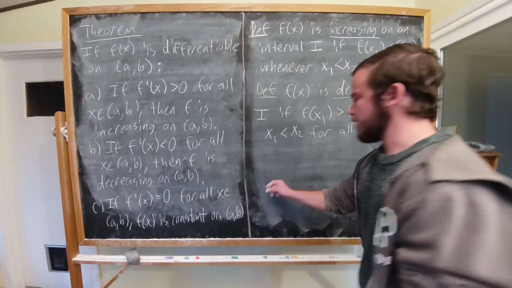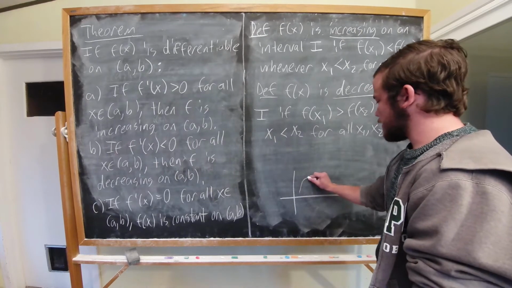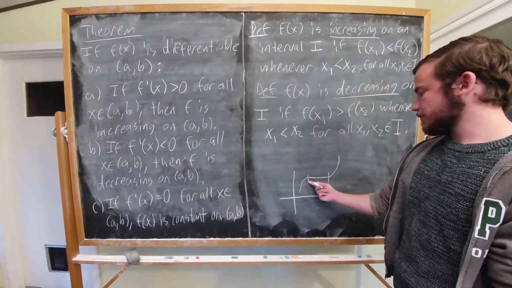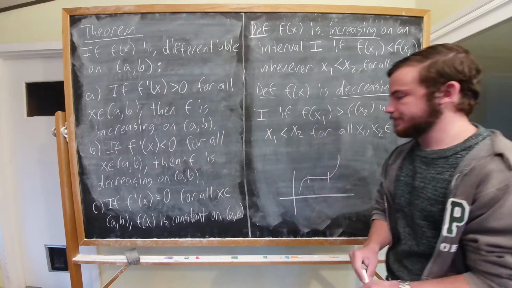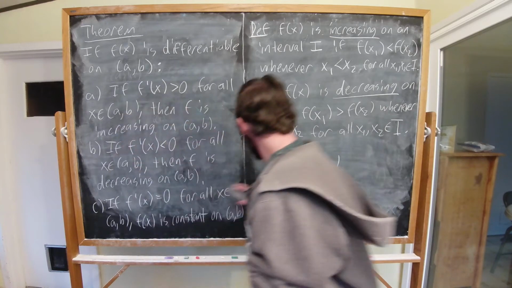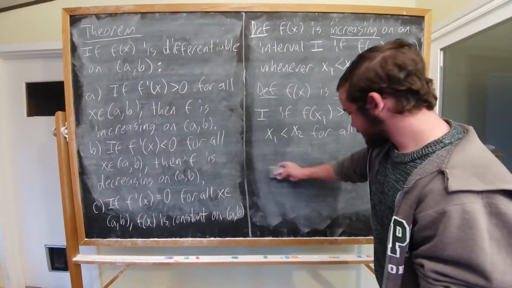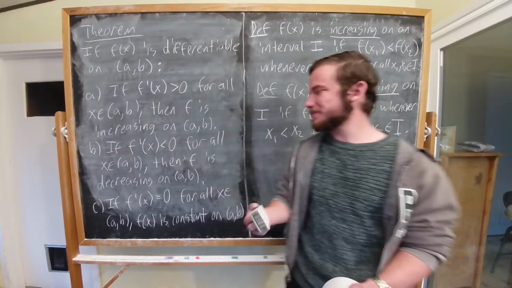And that kind of makes sense, right? This third case is just saying, hey, between here and here, the derivative is 0, so the function's not going up or down. Makes sense to me. Hopefully it makes sense to you too. That's the goal of this endeavor.